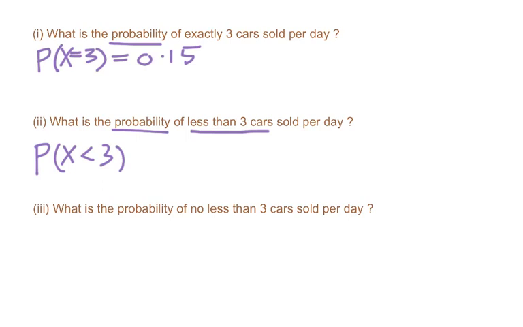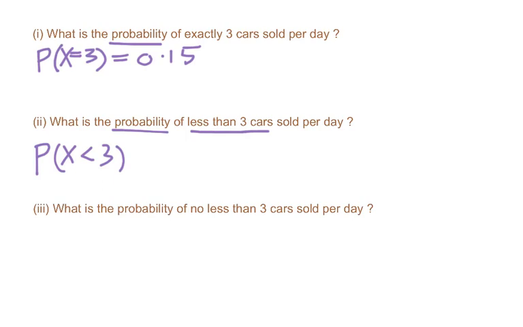Again, we can see that less than is not the equal symbol, so we need to change this less than into the equal symbol. Less than means that 3 is not included. Because it says less than 3, 3 is not included. What is included is 0, 1, and 2.